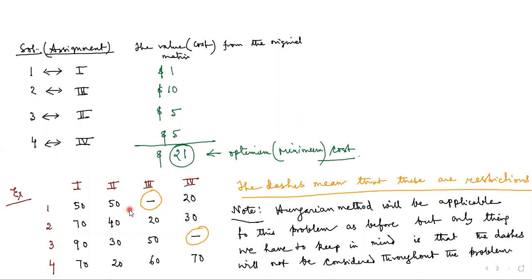In the resultant matrix, you will get 50 minus 20, that is 30. 50 minus 20, that is 30. 20 minus 20, that is 0. And here in this dash, you will put dash. You will not write anything. This type of case is sometimes also known as a restricted assignment problem.